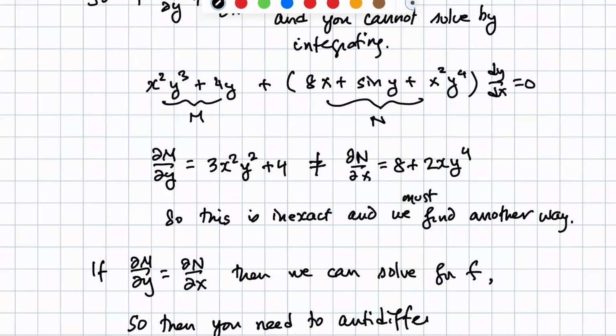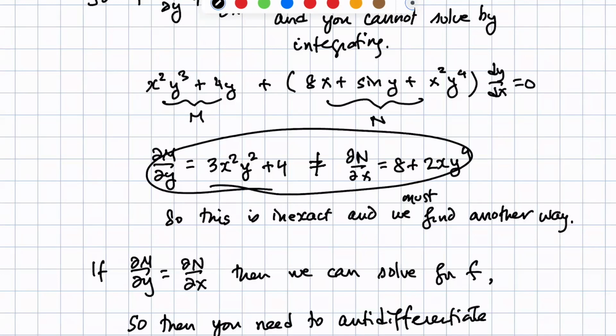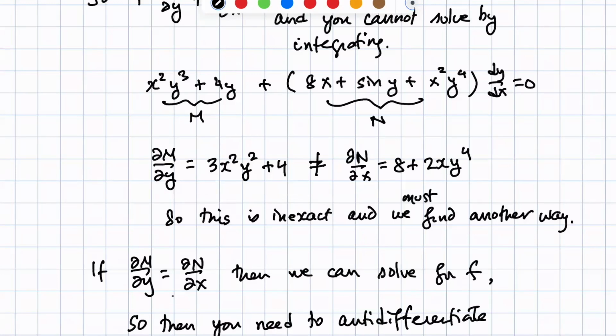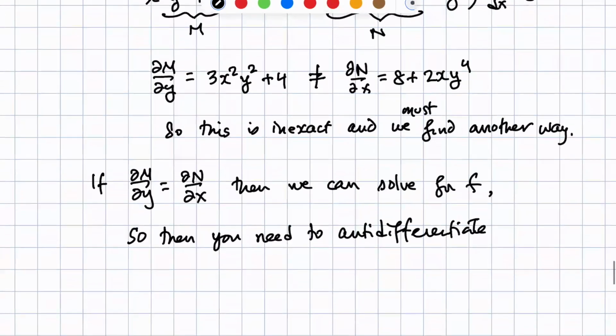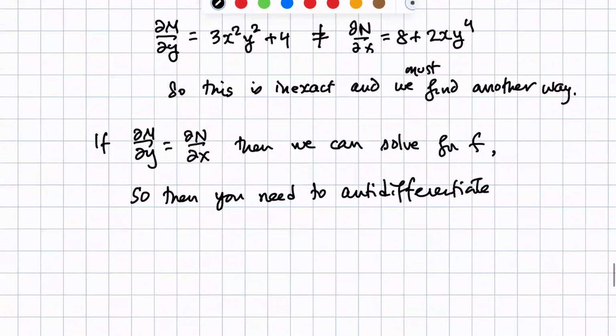Using this method right here is good when the outcome is not exact. But when they are equal to each other, then you have to go back and still do the anti-differentiation, because this is not the end of the problem. You've shown that it's exact, but you haven't figured out what equation it comes from.